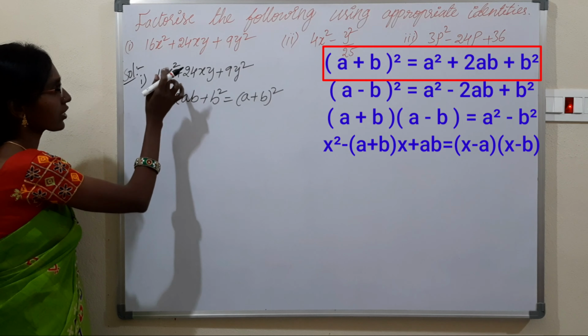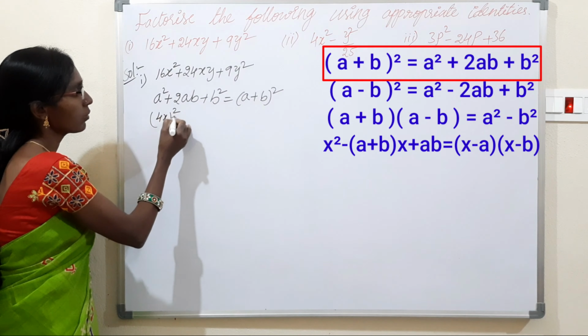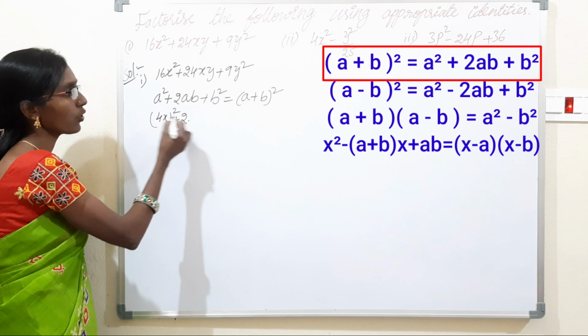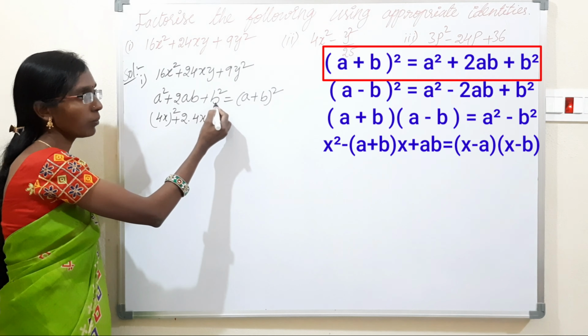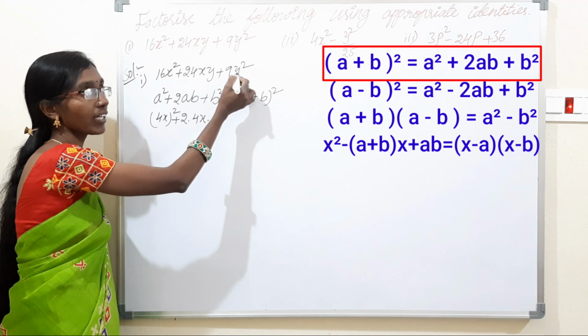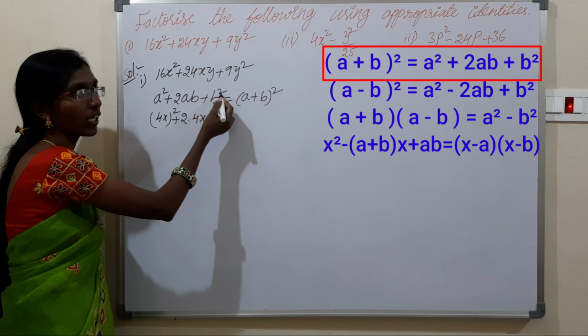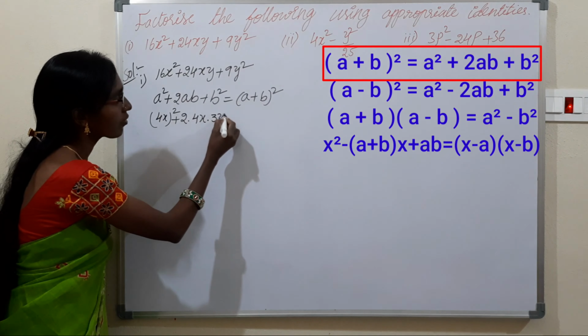So we can express 16x square as 4x whole square plus 2 into, in the place of a we write 4x, 4x into b. If you observe, b square value is 9y square. We can write this as 3y whole square, which is b square. That means b value is 3y. So here 3y.